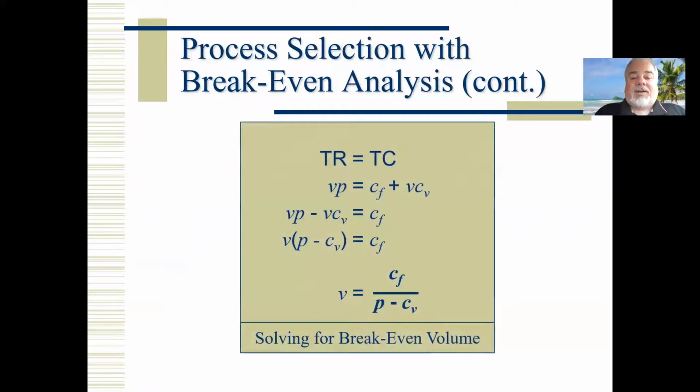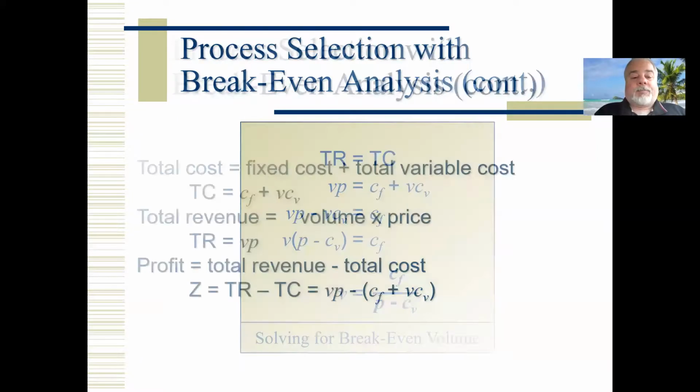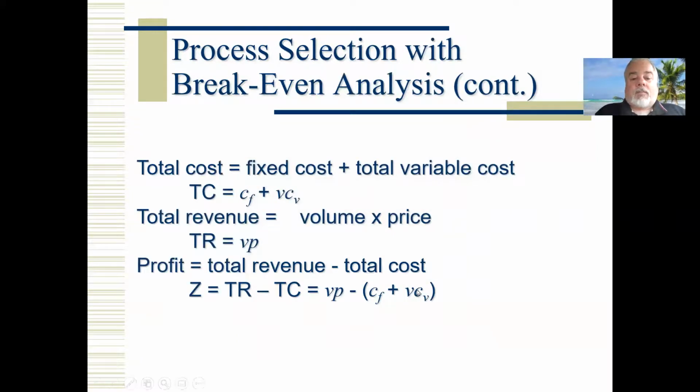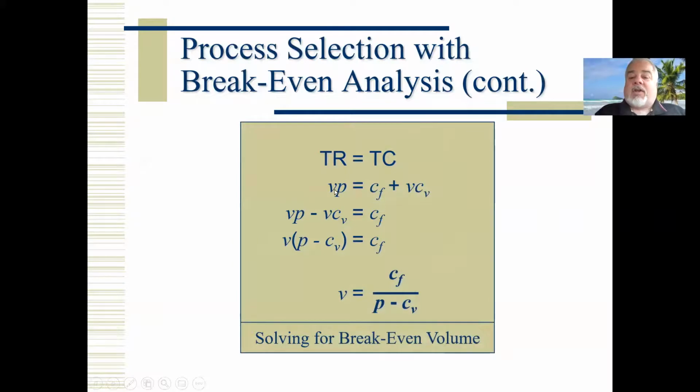Price, sorry. The fixed cost divided by the price minus the variable costs. Okay. So the variable costs. Now this one, you don't have to understand it.